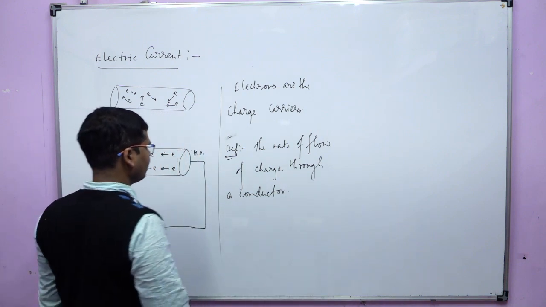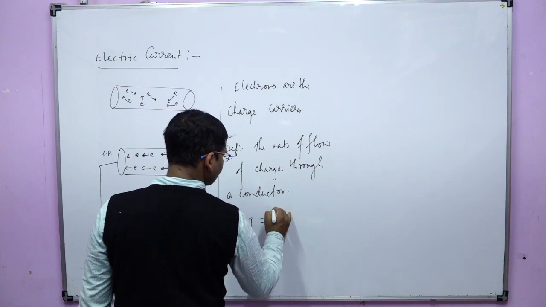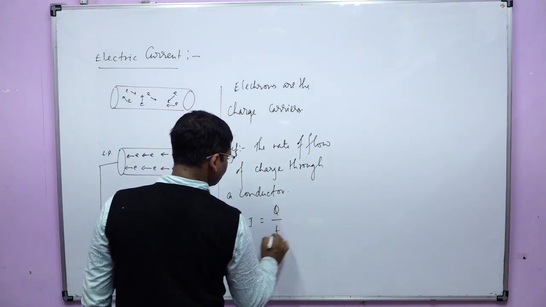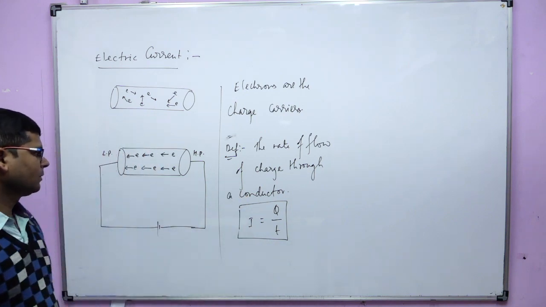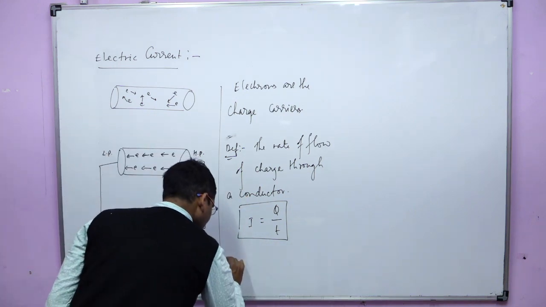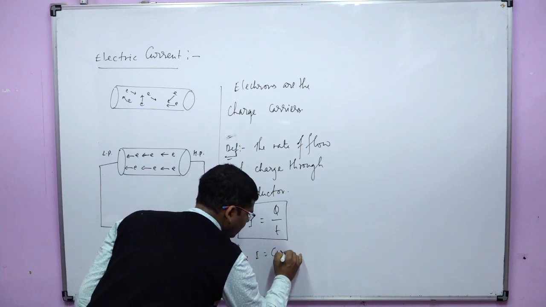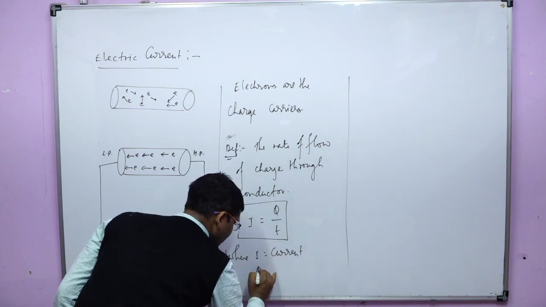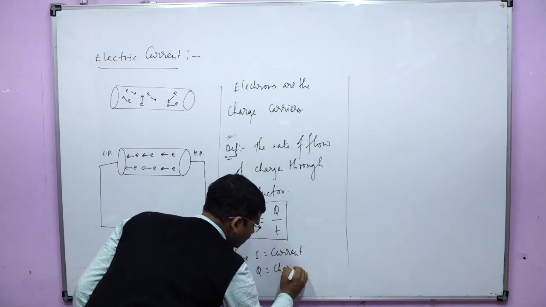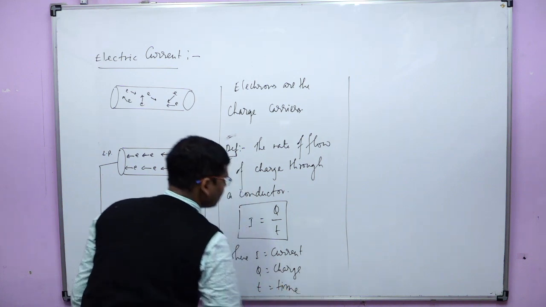So according to the definition, we can say current is the quantity of charge moved in a given time, I equals Q by t, where I means current, Q is the quantity of charge, and t stands for time.